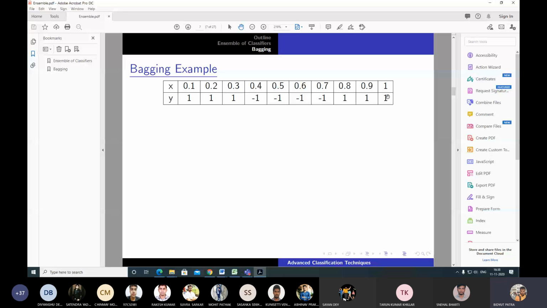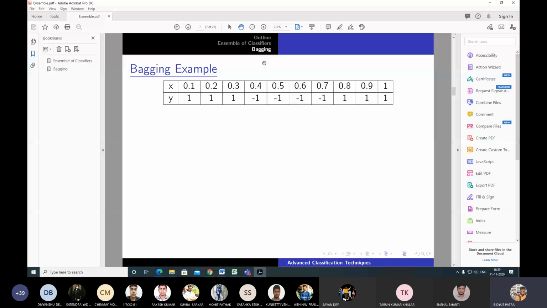If you use a single stump, this is called a decision stump. That means I will identify a value of X. If X is greater than 0.4, I will say it is a negative class, and if X is less than or equal to 0.4, it will be a positive class. Essentially, I am finding a value of X which is the classification line, the decision boundary.